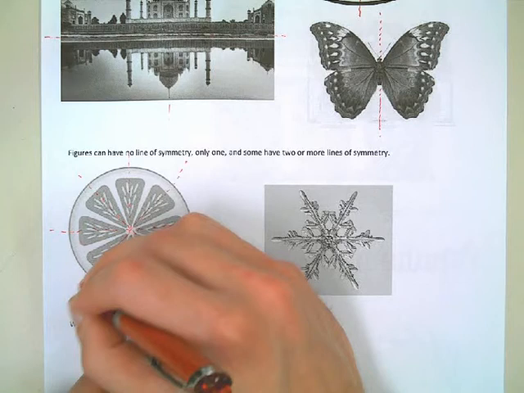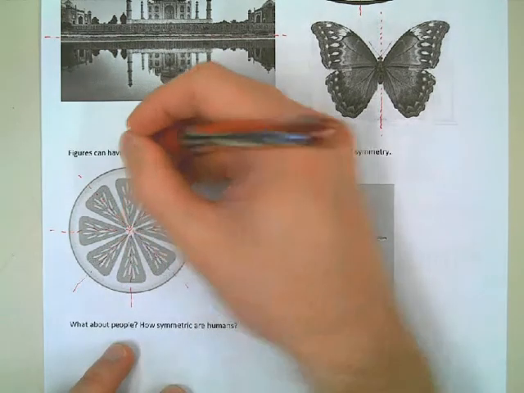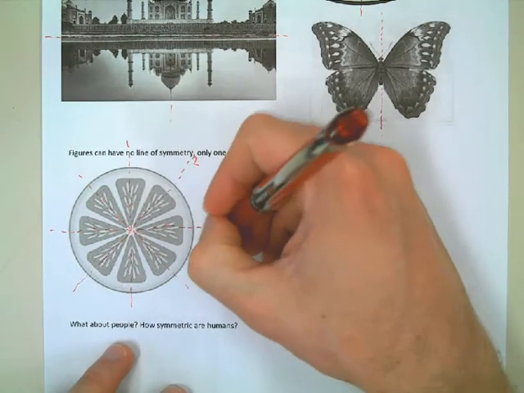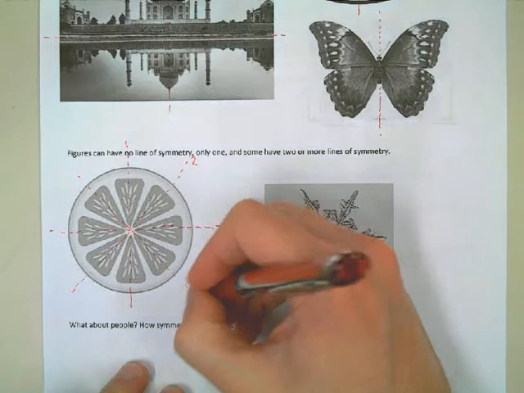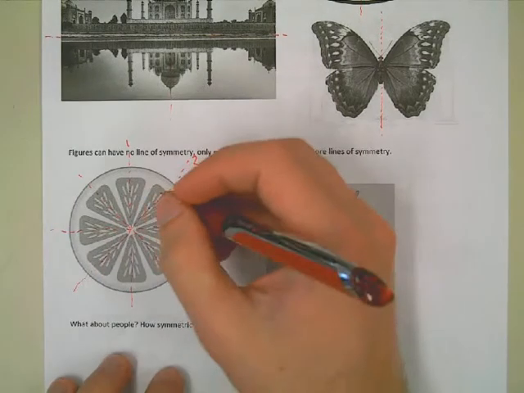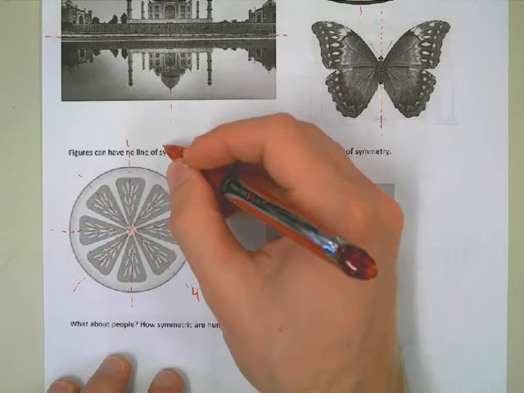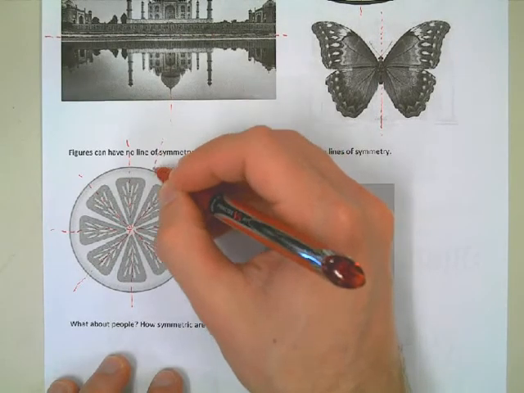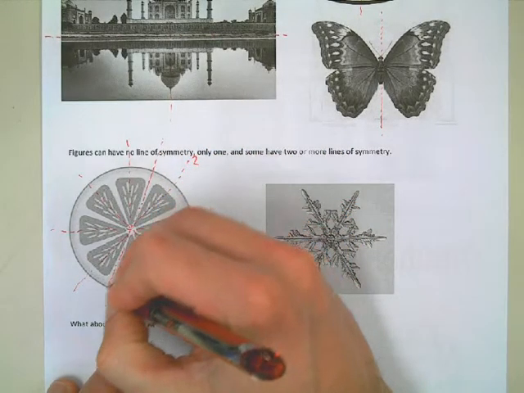So let's see, I'll start counting. 1, 2, 3, 4. So I see 4 lines of symmetry there. Yeah. So you can do it in between the pieces? Yeah, in between the little pieces there, exactly right. We can actually go more. So there's one right there, so we'll call that 5.